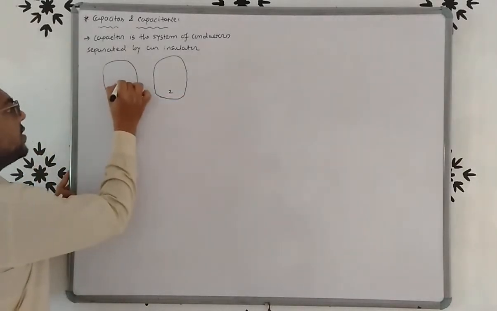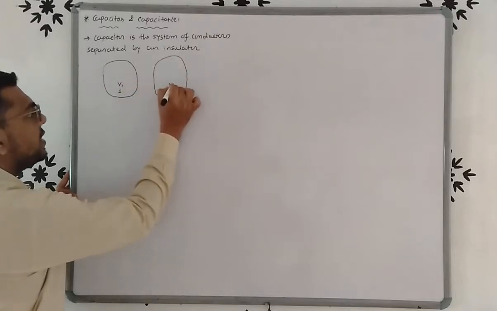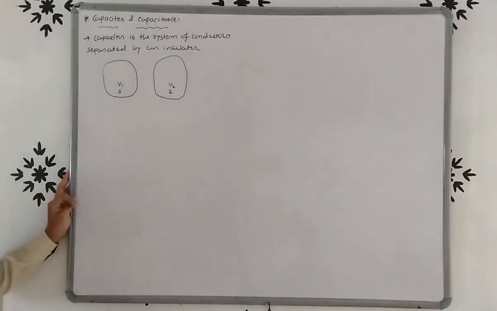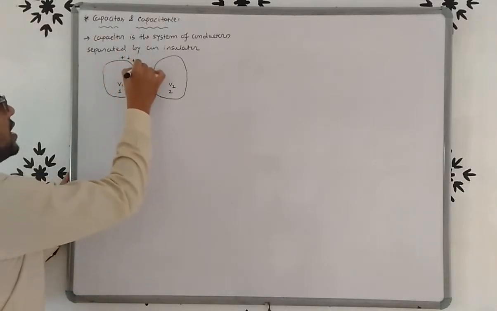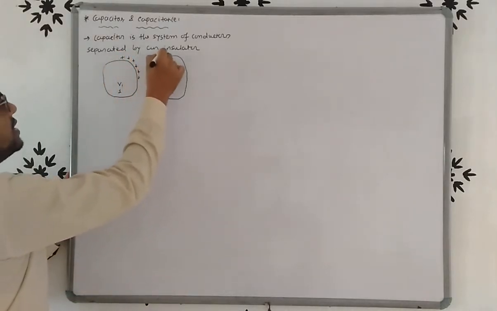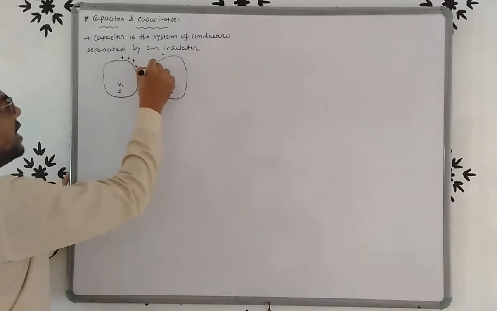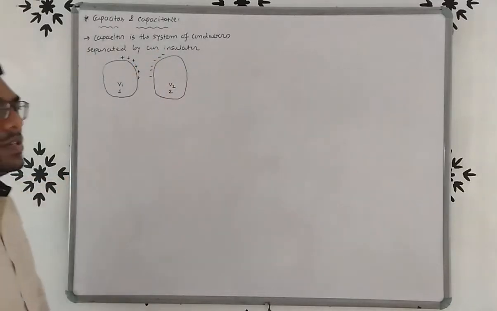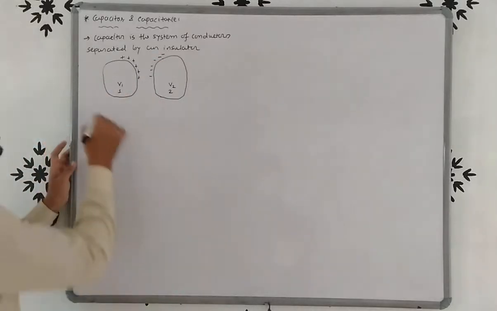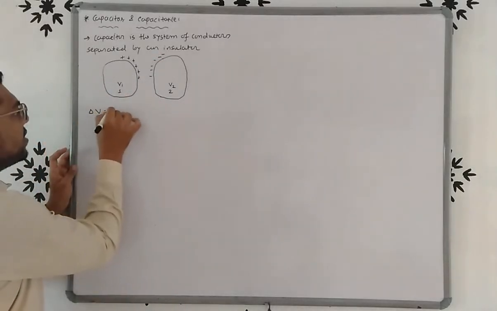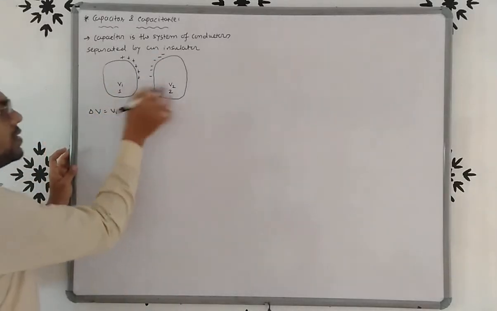Conductor 1 has potential V1 and conductor 2 has potential V2. Conductor 1 has a positive charge and conductor 2 has a negative charge. So the potential difference between these two conductors, delta V, is given by V1 minus V2.